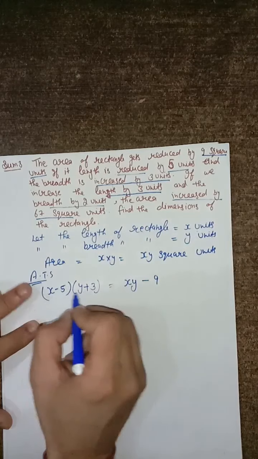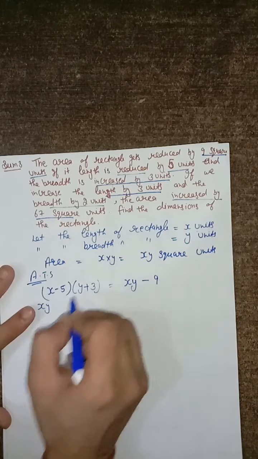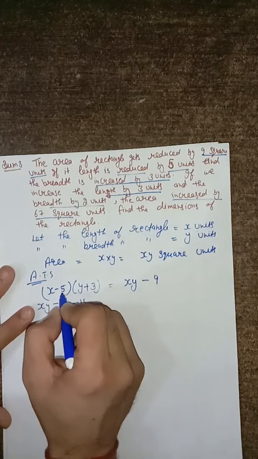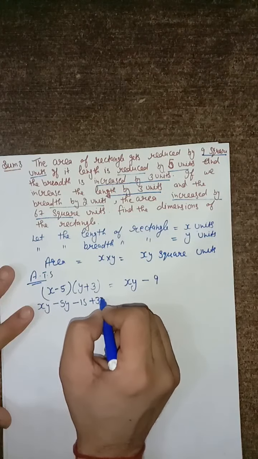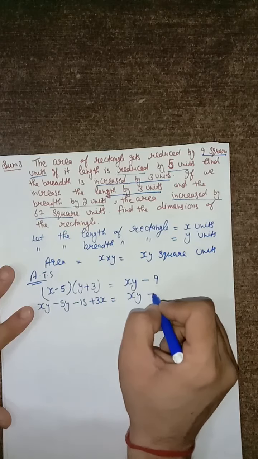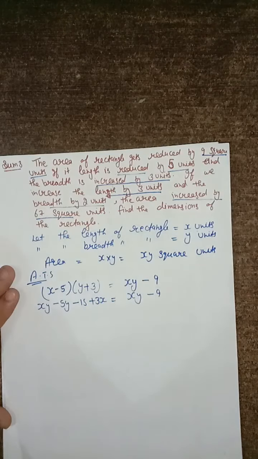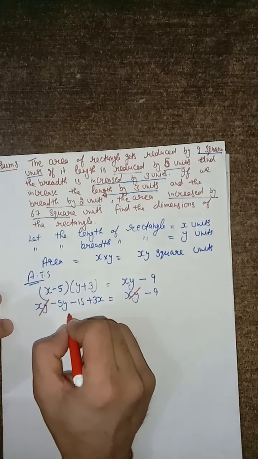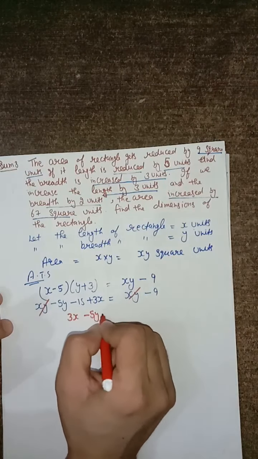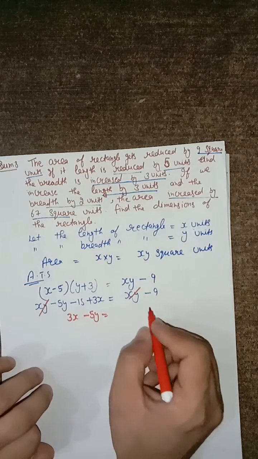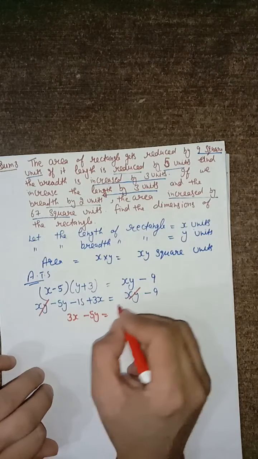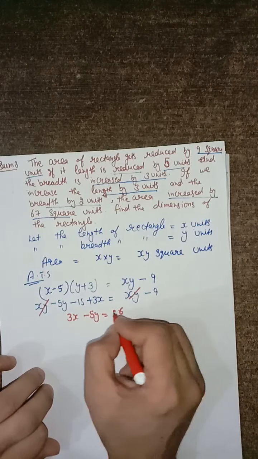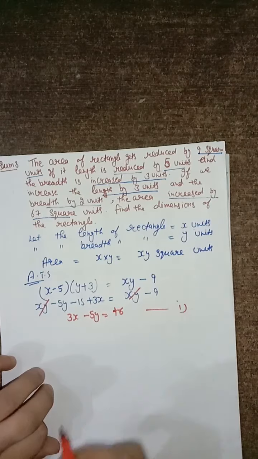On solving this, this will become xy minus 5y minus 15 plus 3x equals xy minus 9. This xy will get cancelled out, and we are left with 3x minus 5y. This will become positive. Minus 9 plus 15 becomes plus 6. This is my first equation.